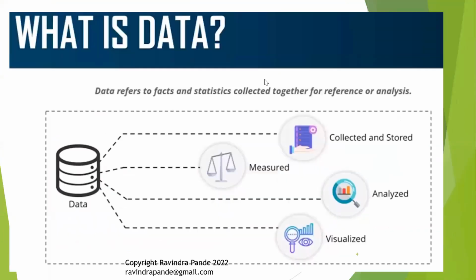Now let's understand what is data. Because data is an integral part of data analysis, and we normally perform analysis on data. So data refers to facts and statistics collected together for reference or analysis. Now, data is a singular entity we normally refer to, like the name of the student, or the marks in a particular subject, so maths marks of Ravindra, as simple as that.